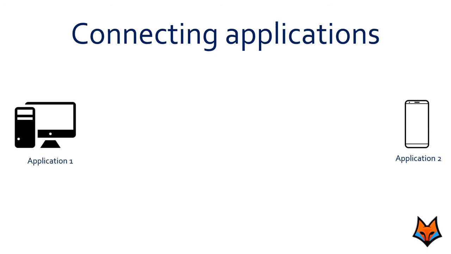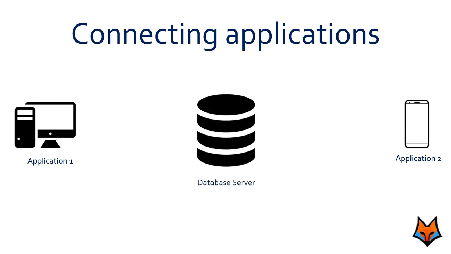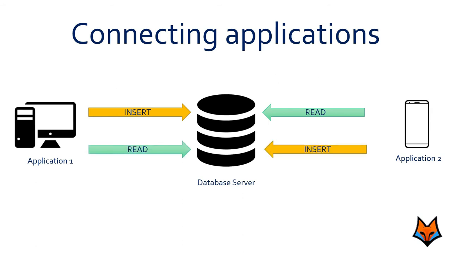For example, we can just employ a database server so that application 1 will be inserting the data and application 2 will be reading the data, and vice versa. This is a very common and simple example in which we can connect two applications by the use of a database server.